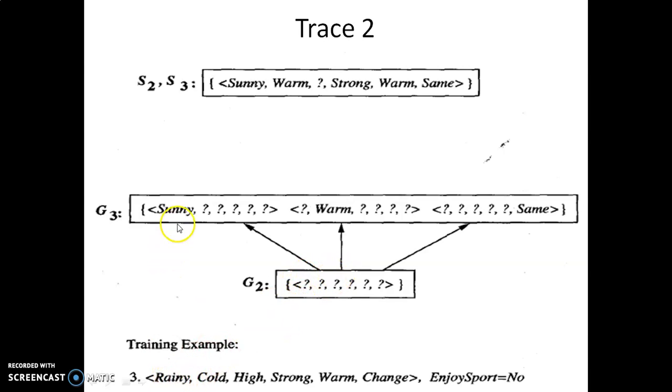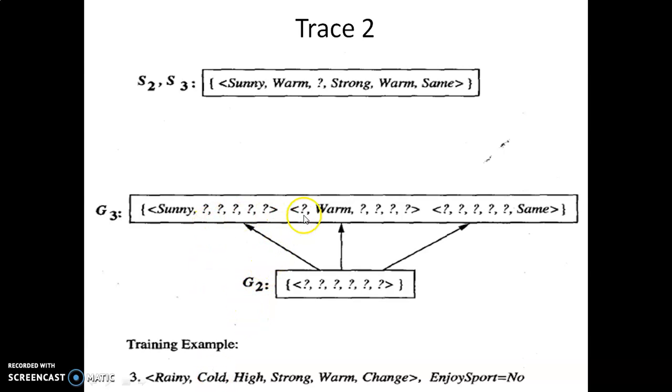How we will get these hypotheses: whatever value we have here for all these attributes, we just have to replace them with their negative, that is, opposite value. For the first attribute, we have two values, sunny and rainy. We have rainy in the example, so we replace it with sunny; the remaining are all question marks.